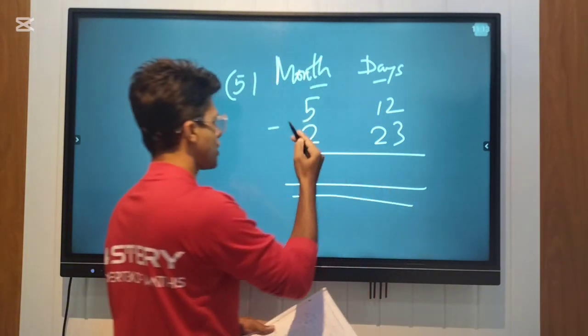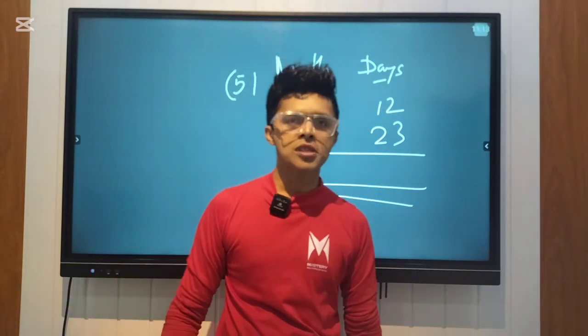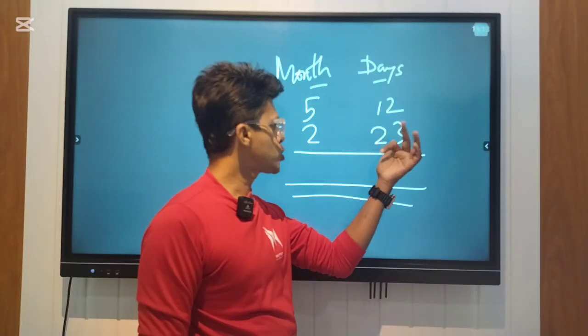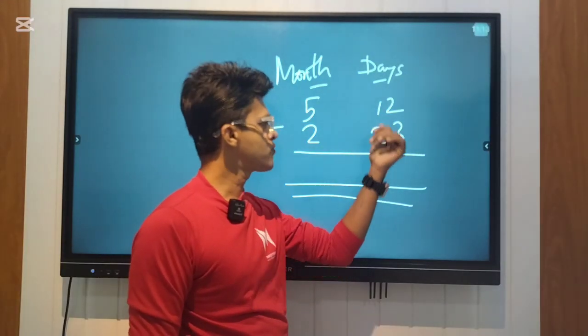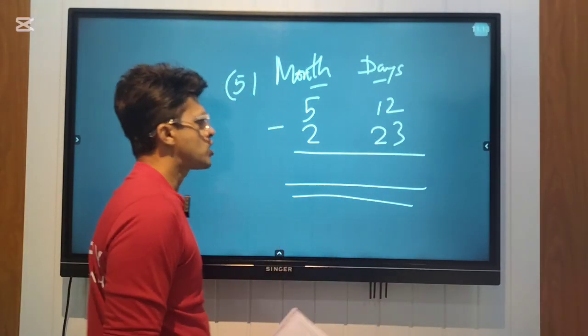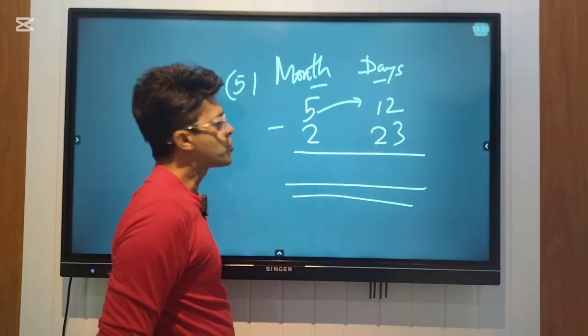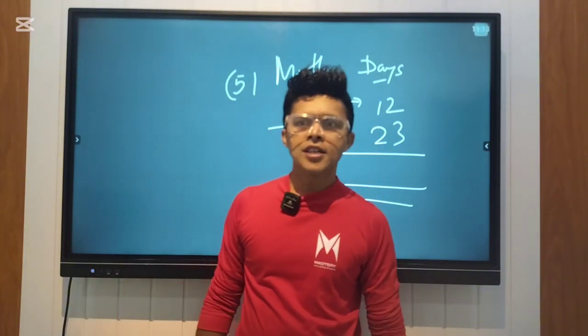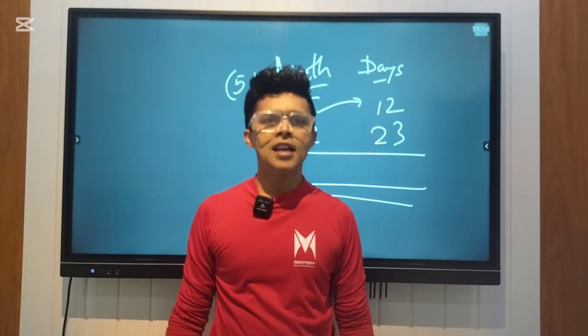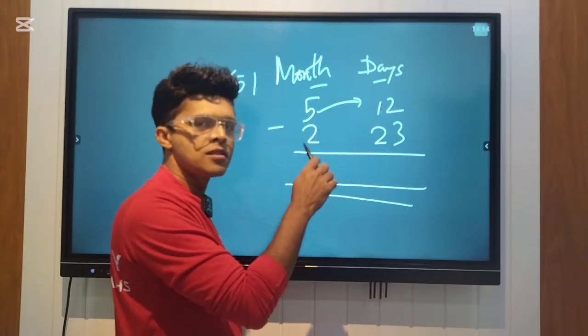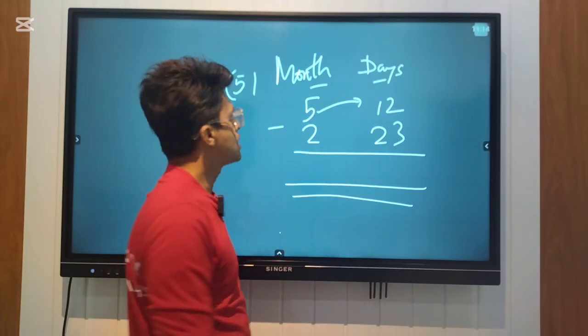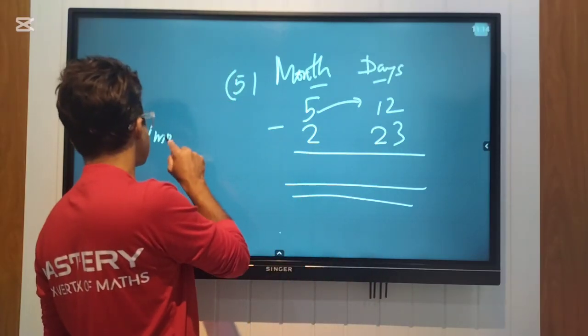You have to subtract. How can you subtract this? Is it possible to subtract 23 from 12? No, it's unable. Then what you need to do is take 1 from the months, right? Then 1 month equals 30 days.